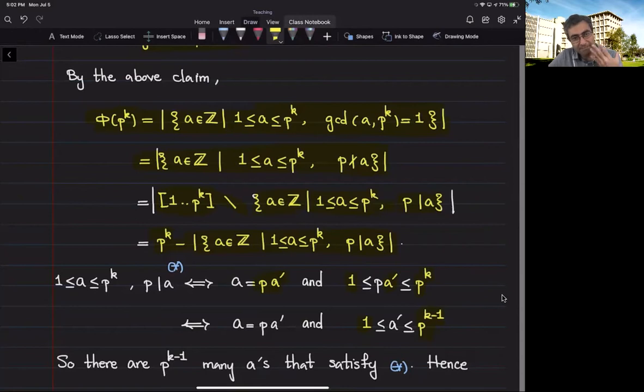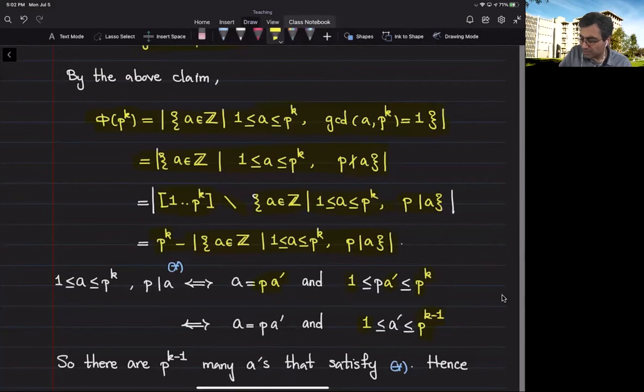So the Euler phi function of p to the k tells us how many integers we have in this range that are co-prime with p to the k, but a and p to the k are co-prime precisely when p does not divide a. So we need to understand how many integers in this interval are not multiples of p. Instead, we count how many of them are multiples of p and then subtract it from the total number of integers that we have.